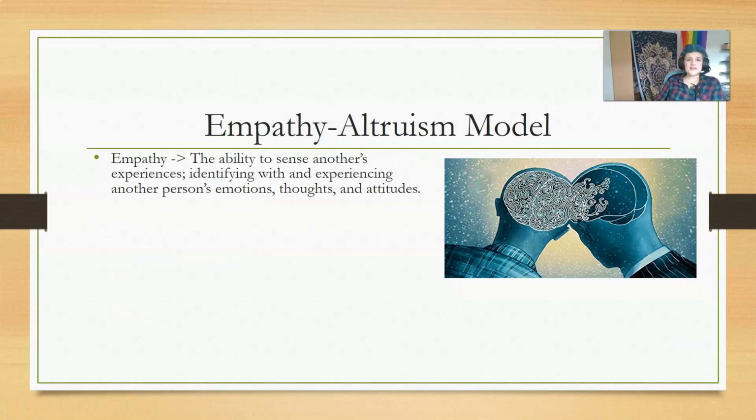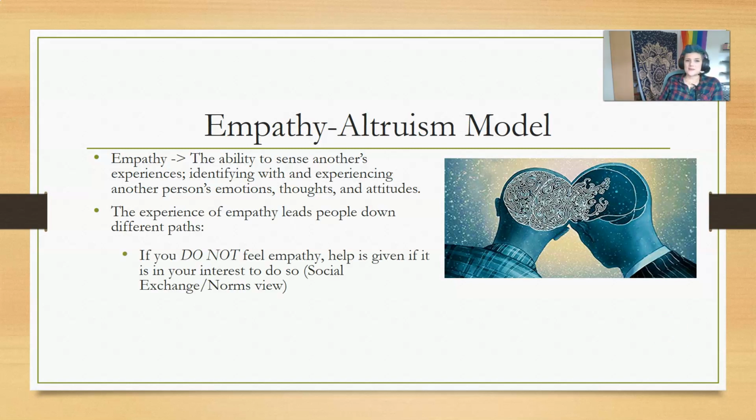Empathy involves the ability to sense another's experiences, identifying with and experiencing another person's emotions, thoughts, and attitudes. So you display empathy when you see someone on television hurting themselves and you go, ooh, that's a sense of empathy. The experience of empathy can lead people down different paths.